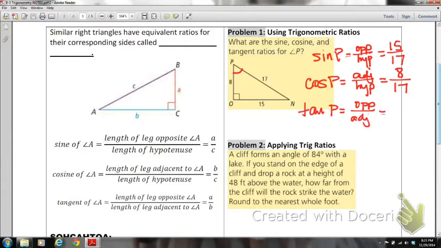So from the perspective of angle P, the opposite side is 15 and the adjacent side is 8. So that is the tangent ratio for angle P. And that's all that you need to write for those. You don't even have to plug anything into your calculator. You don't touch your sine, cosine, or tangent buttons on your calculator to find those ratios. You're just writing the fractions.